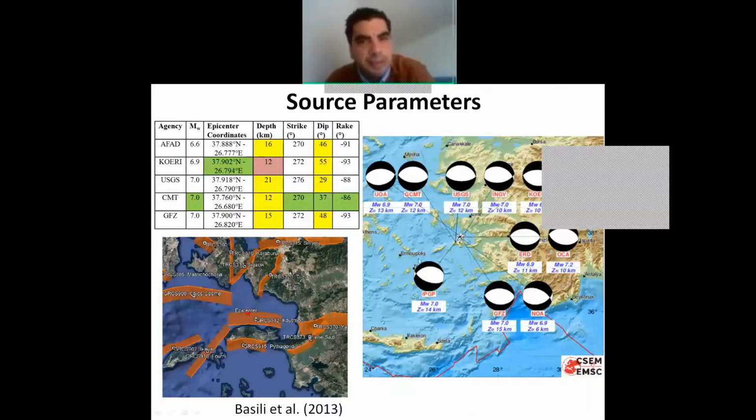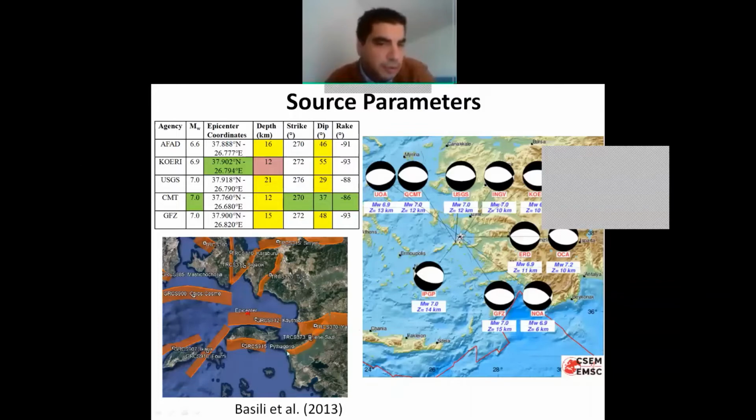Plus, the location of the earthquake, if it's a gently dipping event, is basically a bit on the deeper side. So we use the global CMT solution, which uses the most data, for our fault parameters for the strike and dip. And we use Kandilli's hypocenter for the initiation of the fault.